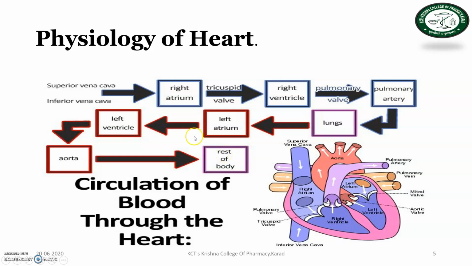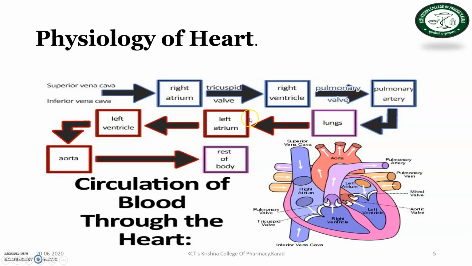I repeat once again, the superior and inferior vena cava capture all the deoxygenated blood and pour it into the right atrium. By opening the tricuspid valve, blood goes into the right ventricle. After that, via the pulmonary valve, blood passes to the pulmonary arteries into the lungs, and then the exchange of gases or blood purification takes place in the lungs.